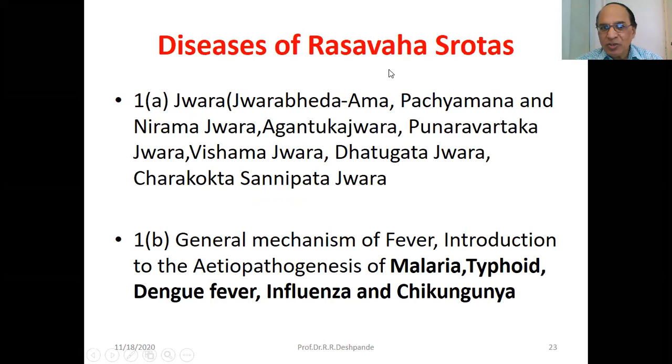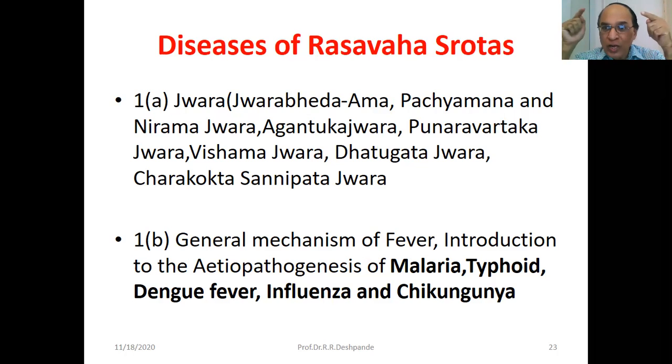Diseases of Rasavaha Srotas, Jvara, then Jvara Bheda, Ama, Pachamana, and Nirama Jvara, then Agantuka Jvara, like infectious diseases, Punaravartaka Jvara, like malaria, Vishama Jvara, malaria, typhoid, Dhatu Gata Jvara, and Charakopta Sannipatik Jvara, a very serious condition of any disease.